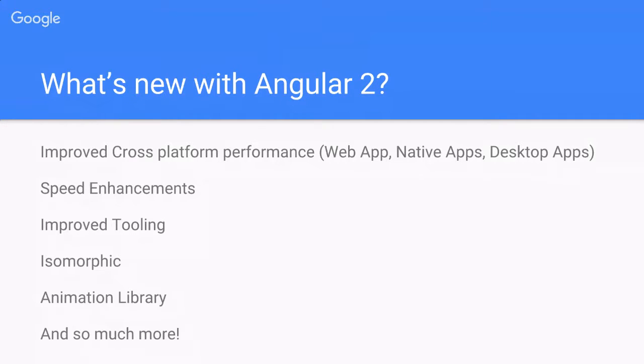I'm going to talk a little bit about React later and the issues that they solved with their platform, but Angular 2 has resolved a lot of the performance issues that they've had. There's a lot of speed enhancements. If you choose to go the TypeScript route, which I highly recommend, it's also much quicker in terms of coding and gives you a lot more backwards compatibility with other browsers. The tooling is fantastic with TypeScript.